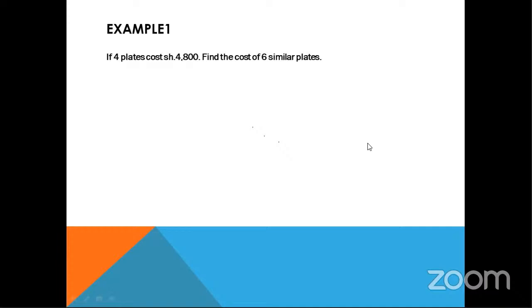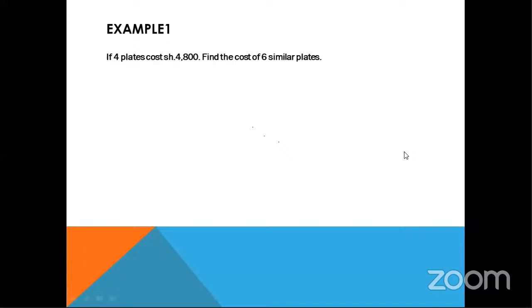So first, I want someone to explain to us if you have understood the steps that we have talked about. Rooney, can you explain to us the steps that we are going to follow? You divide 4 plates.